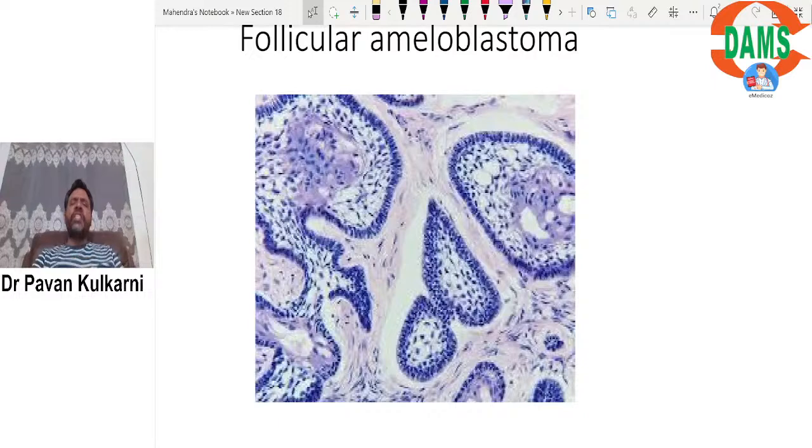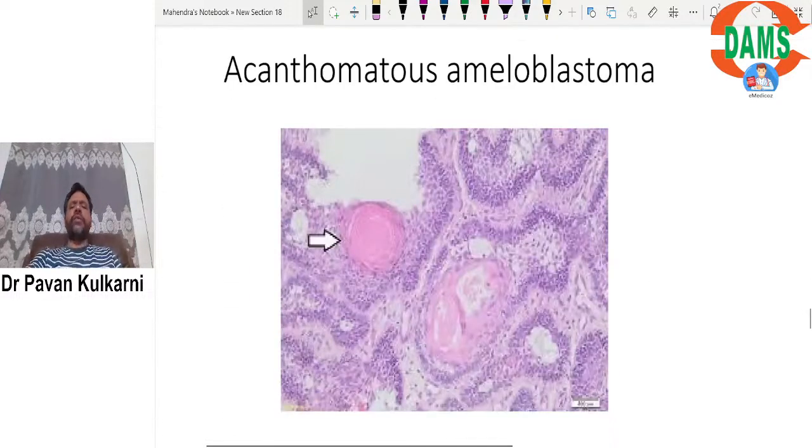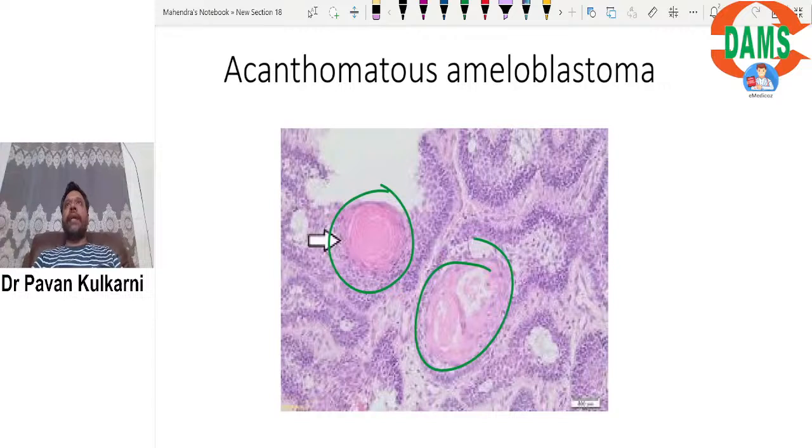Within these follicles, if I am able to see squamous metaplasia, I will call it acanthomatous ameloblastoma. So what exactly is acanthomatous ameloblastoma? Follicular ameloblastoma with squamous metaplasia is known as acanthomatous ameloblastoma.